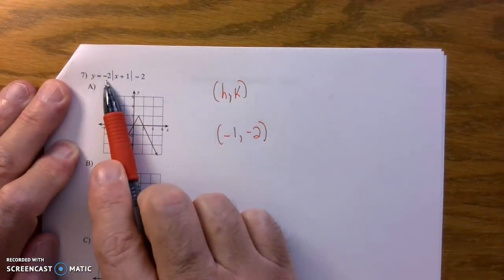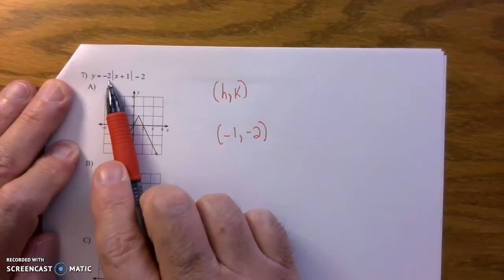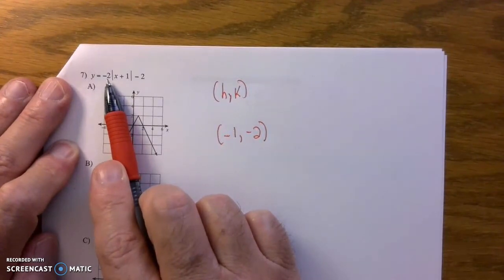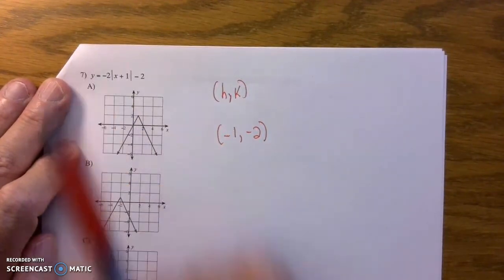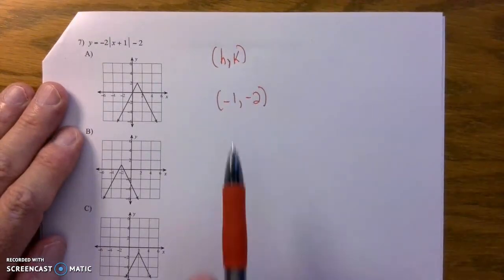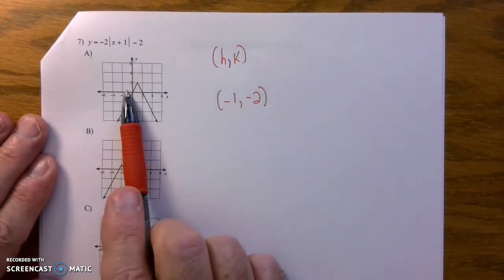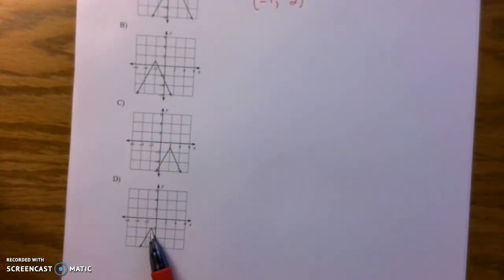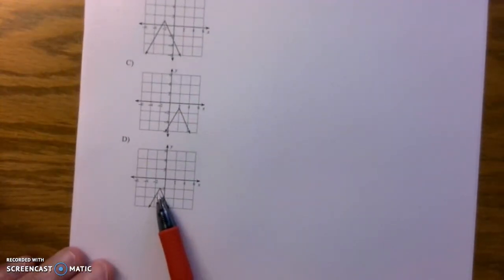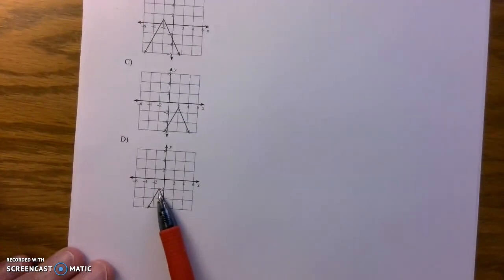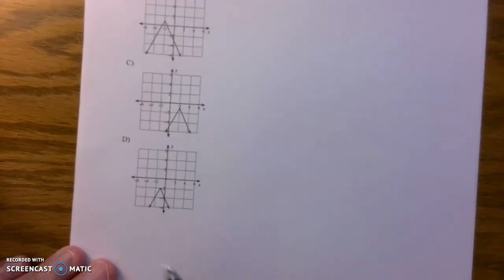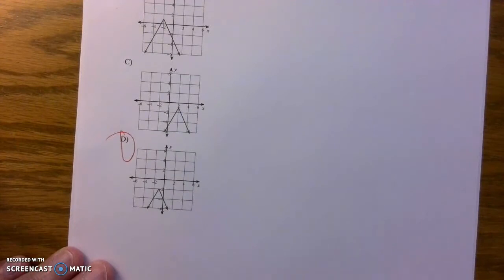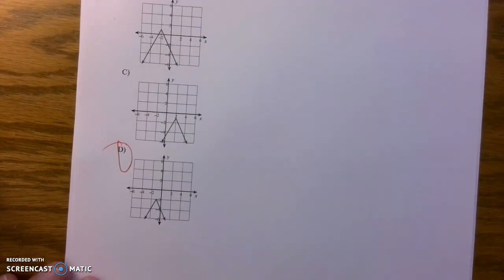It says negative, and it says -2. So it's going to be thinner. It's going to go up twice as fast. Well, first find this point. -1, -2. -1, that's right here. It's upside down. It goes down with a slope of 2 on this side. That's it right here. All right.